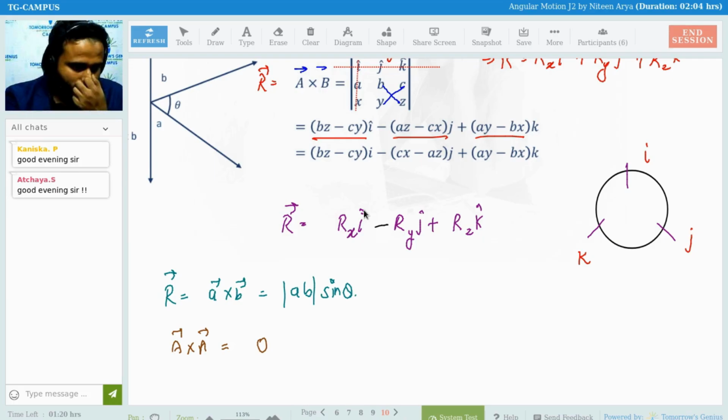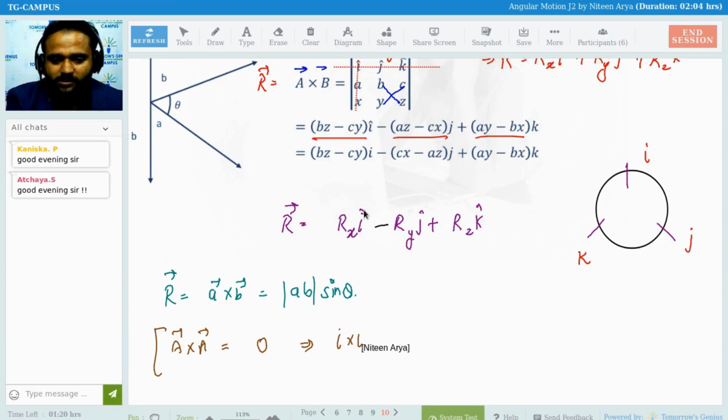Clear this thing? So using this analogy, we get I cross I, J cross J, and K cross K as 0. Simple thing, first thing.